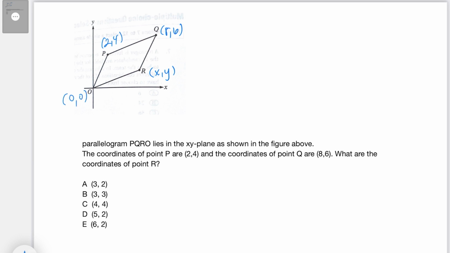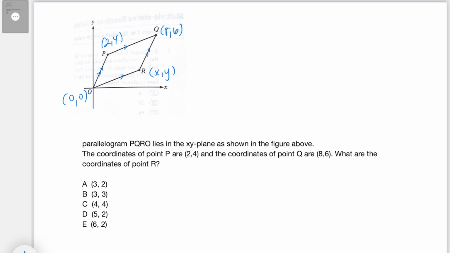All right, the next thing I want to think about is, what do I know about parallelograms that I can use to find some information about point R? And what I know is we have opposite sides are both congruent and parallel. So that means that PQ is parallel to OR and PO is parallel to QR.